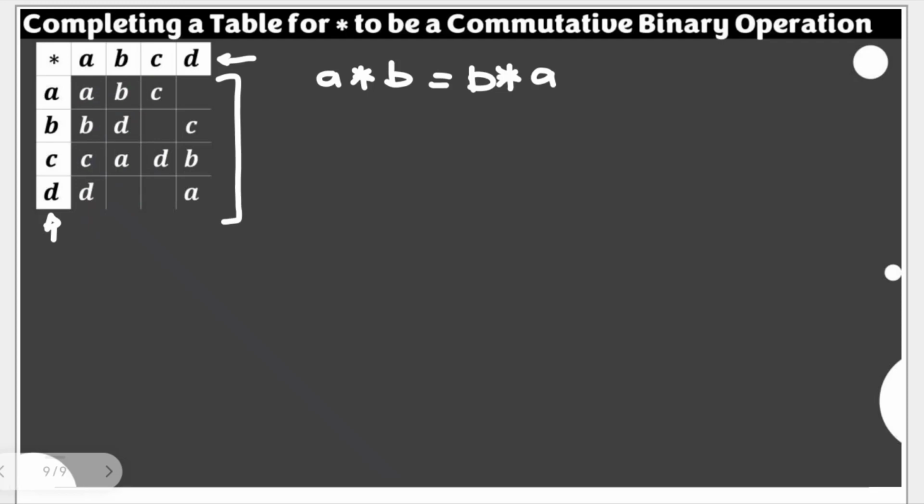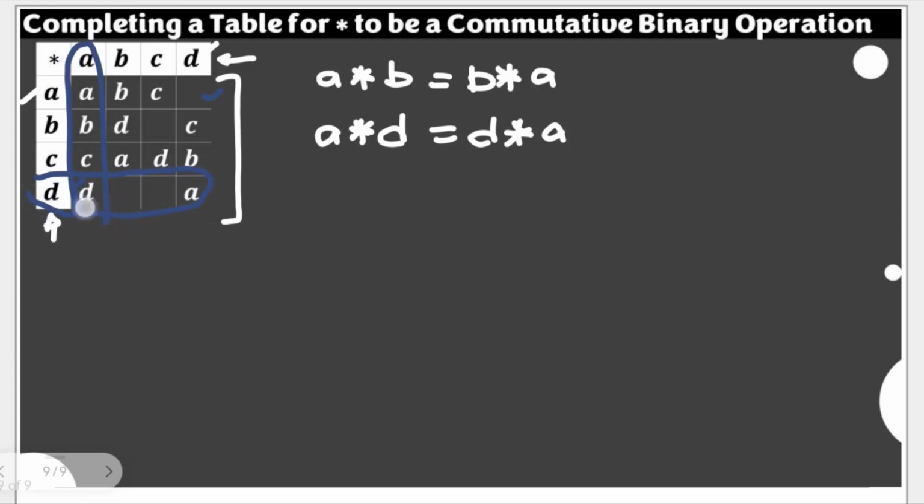So we would like to solve for this entry first. That would mean we are solving for the result if we operate A and D with the same operation star, because A is our row and D is our column. But this should be equal to D star A so that it is commutative. And D star A is this result: D is our row and A is our column.